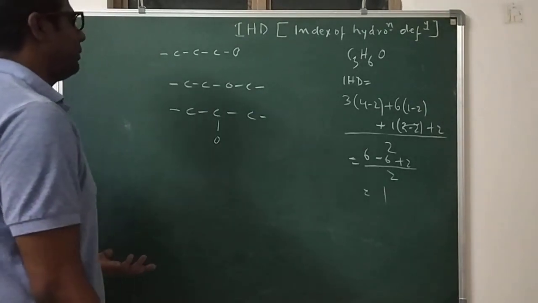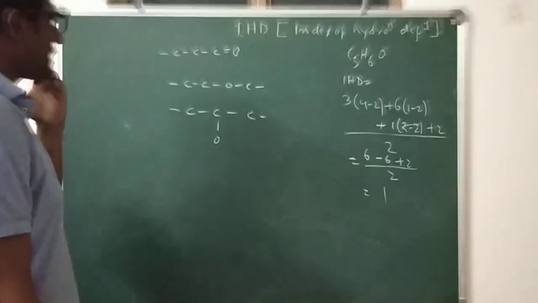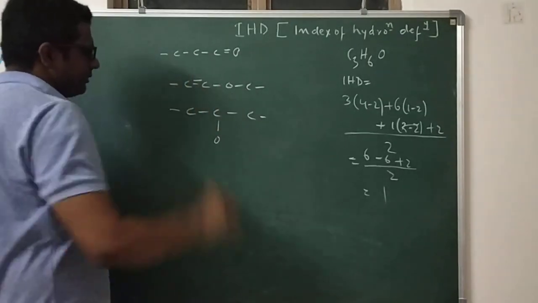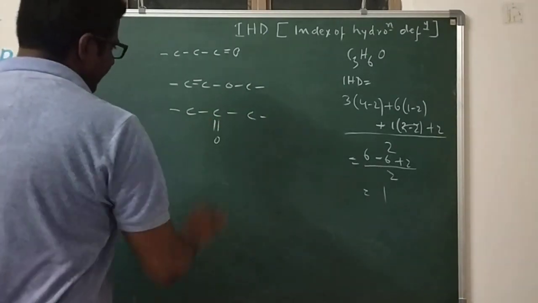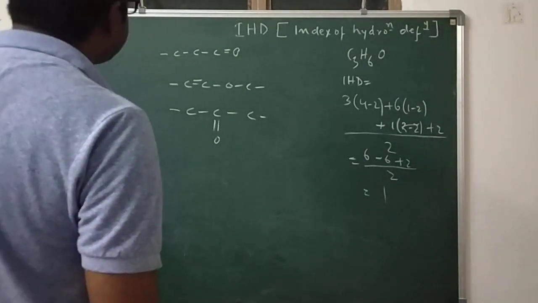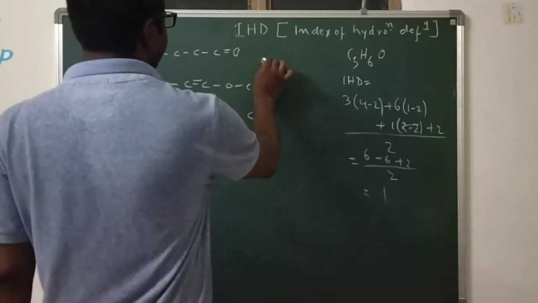Now where can the double bond stay? The double bond can stay over here. Okay. Now the double bond can stay over here. Double bond can stay over here also. Okay. Now anything else? Can I get anything else? Now from here I can get another structure.